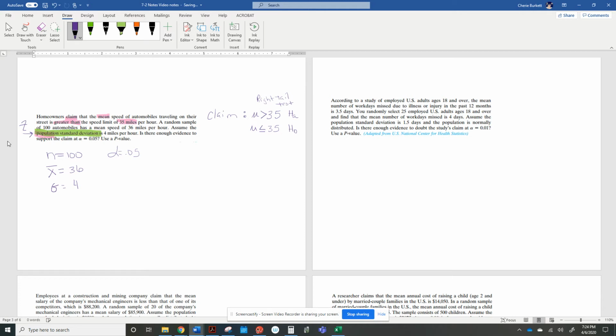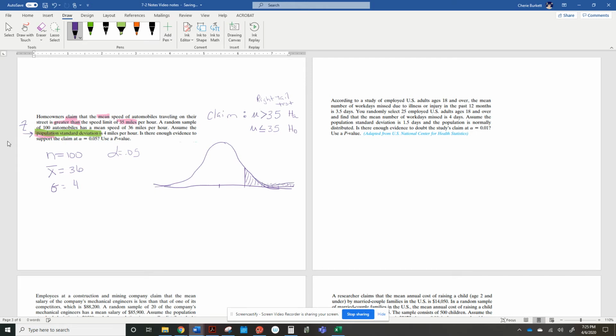So I'm going to draw my picture. Draw my normal curve. I know it's normal because my sample size is big enough. It's a right tail test, so my area is going to be over here. Okay, that's where my area is.